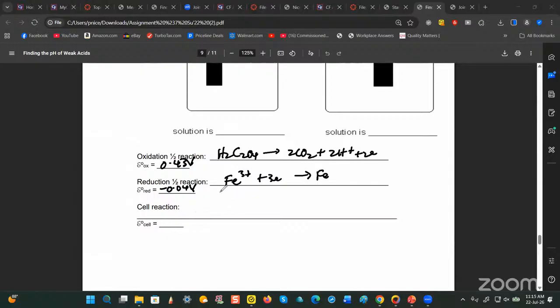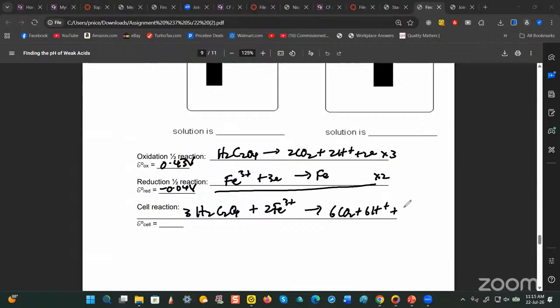So when you add these two together, of course, you have to multiply this by 3 and multiply this by 2. You're going to get 3H2C2O4 plus 2Fe3+ to give 6CO2 plus 6H+ plus 2Fe.